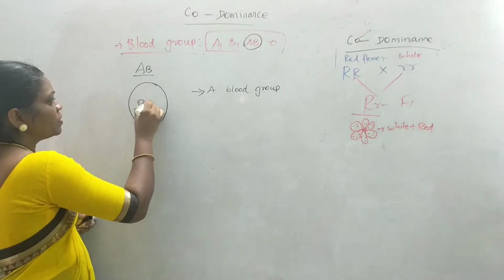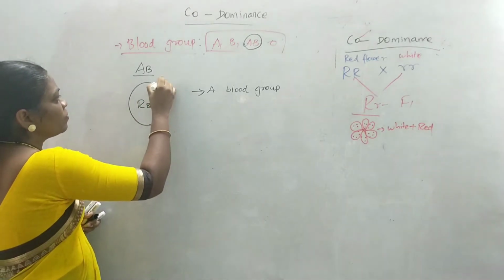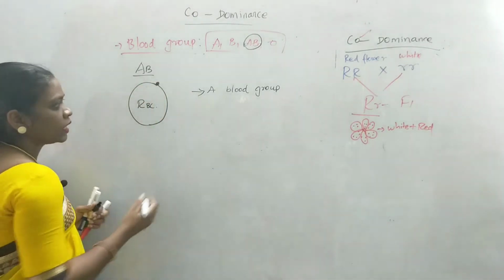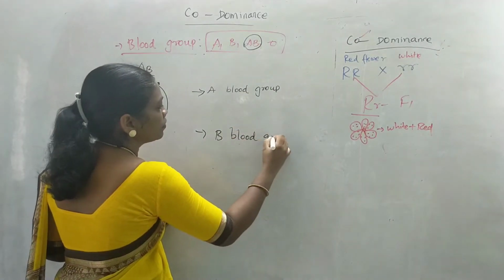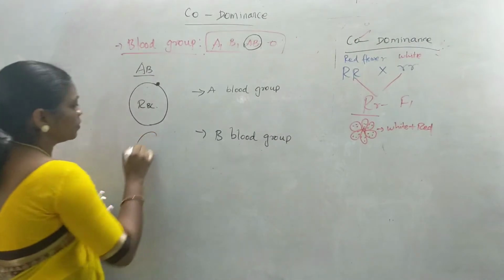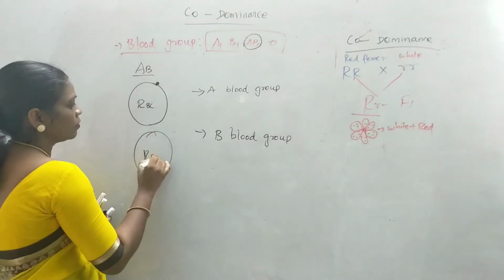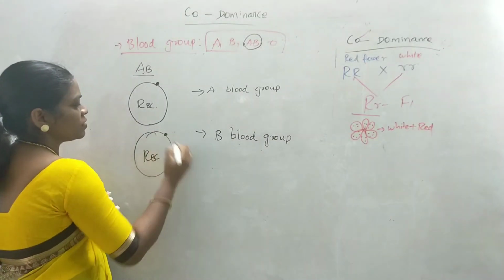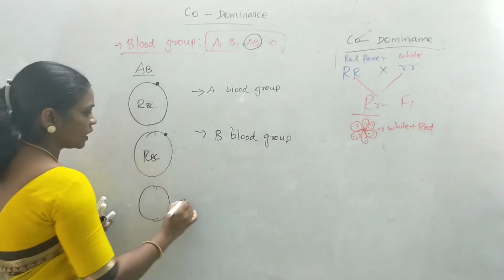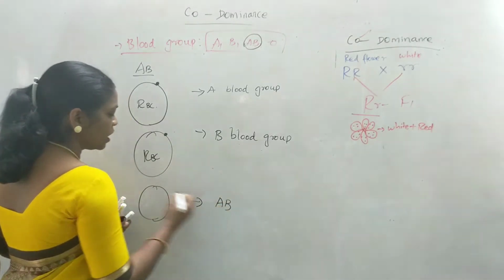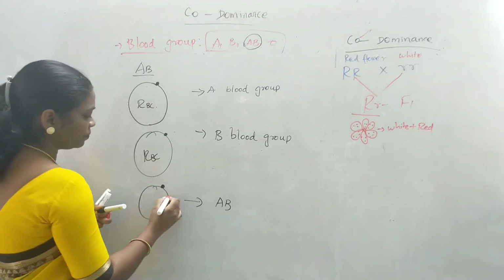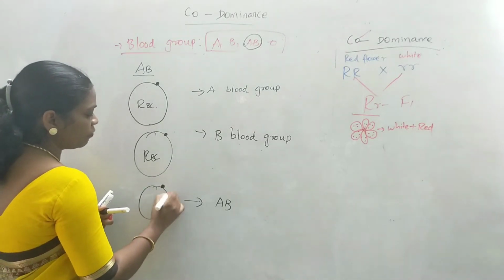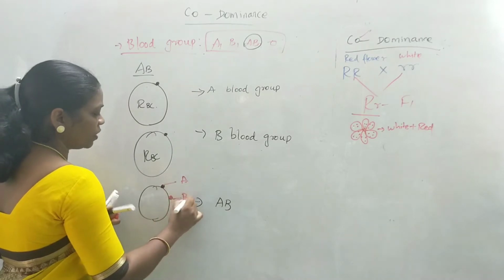This is the RBC. The A blood group individual will have A antigen on the surface. If it is B blood group, they'll have B antigen on the surface. If it is AB, they'll have A antigen and they'll also have B antigen, A and B.